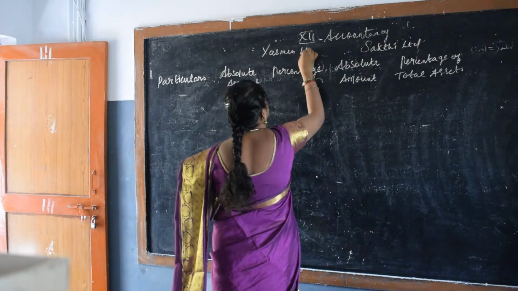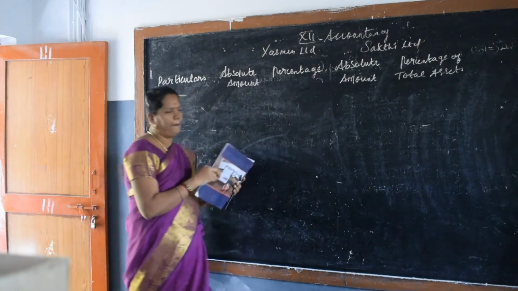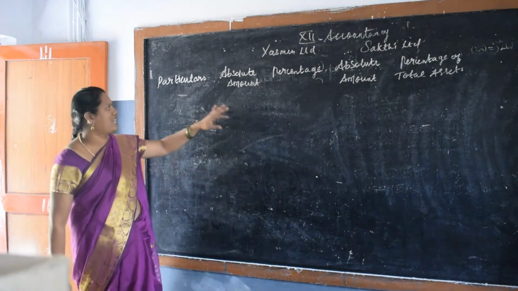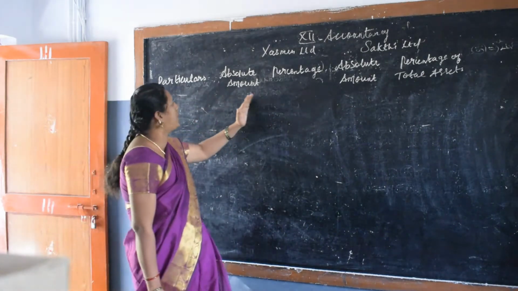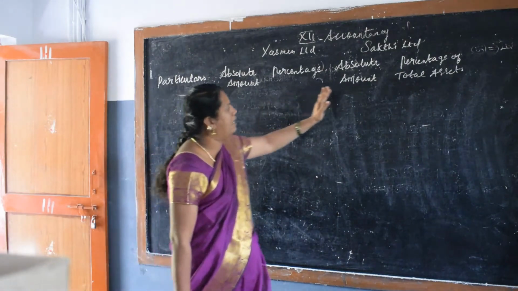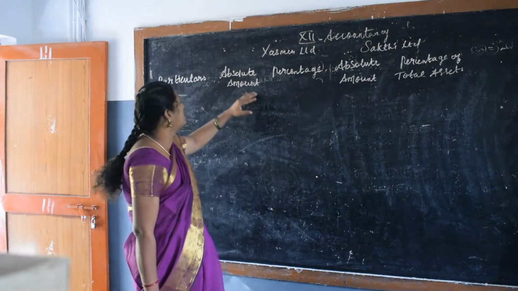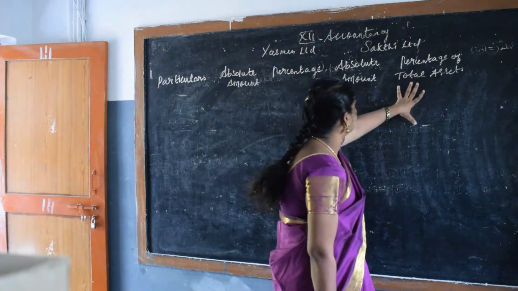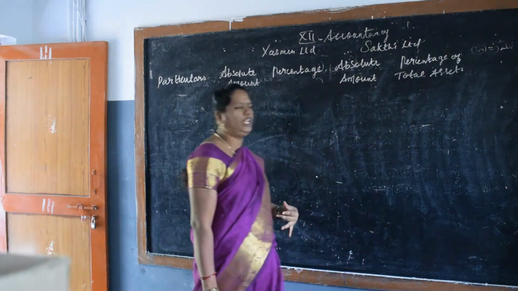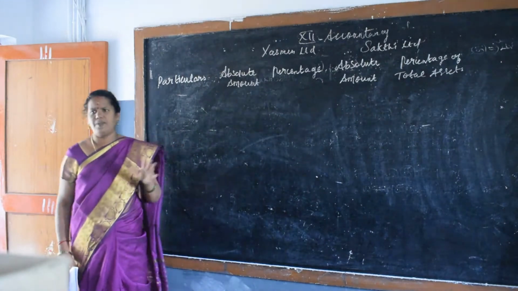LTD stands for Limited. For the two companies we are going to prepare the common size statement. The particulars are the same; the only thing is that you have to differentiate Yasmin Limited and Shakti Limited. The headings are absolute amount, percentage of the total assets, and the same for the Shakti Limited company.